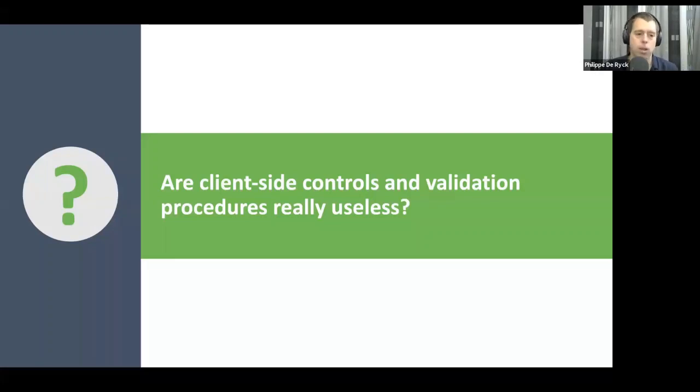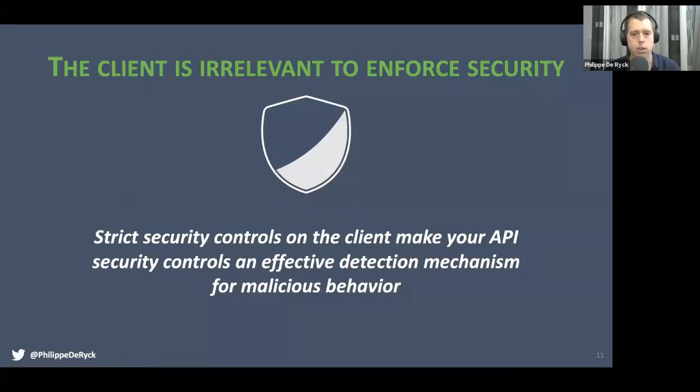So I have to come back to my first takeaway here and refine that a little bit. The refinement here would be that the client is irrelevant to enforce security. The client is still very relevant as a first line of defense, as a way to ensure that legitimate users can only send you legitimate data and access legitimate features. So that's definitely a good thing.